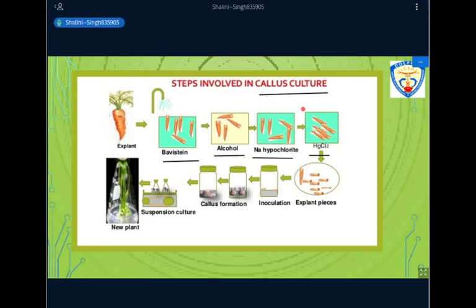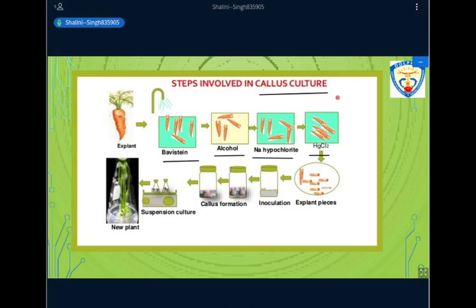It may be 5 minutes, 10 minutes, or 15 minutes, and then you wash your explant with sterilized distilled water.